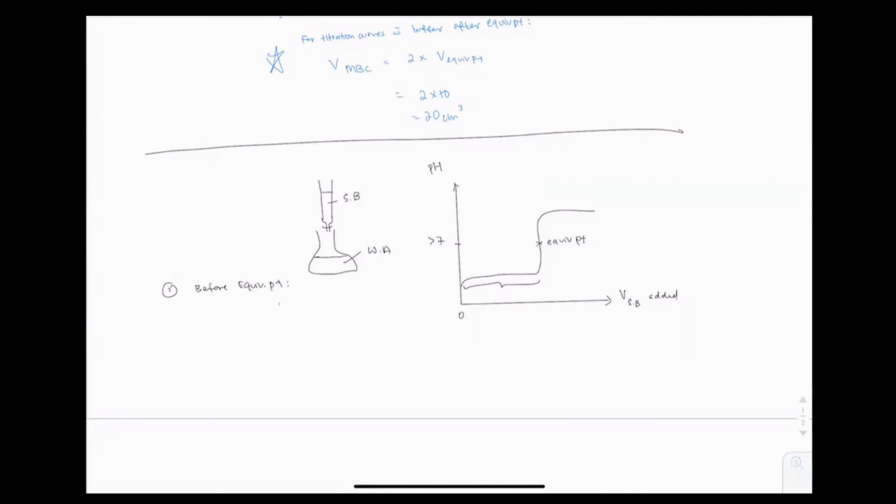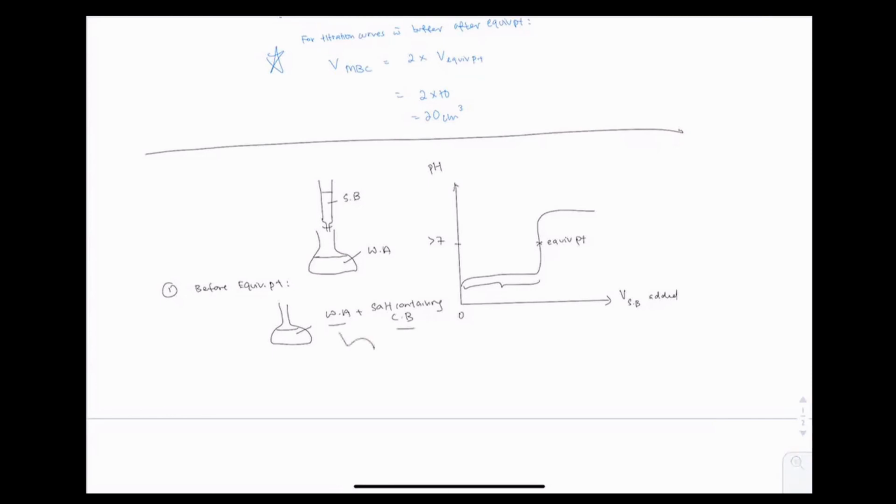Okay, so in my solution, I will have my weak acid plus salt containing conjugate base. I will have no strong base because whatever strong base is being added into the weak acid, my weak acid will neutralize. So therefore, I do not have the strong base. So over here, weak acid, salt containing conjugate base.